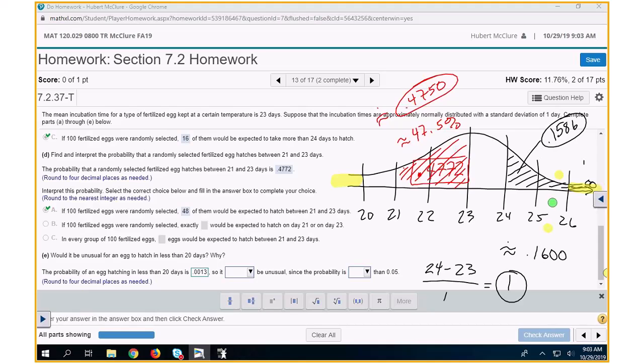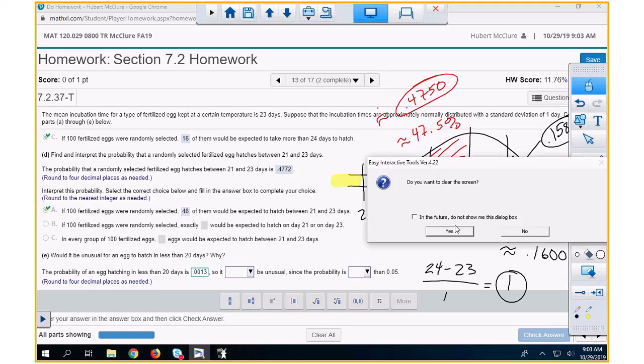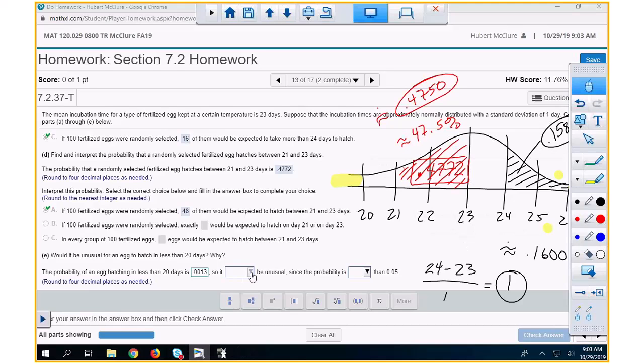So you know that the question right here, now are they going to word it to confuse you? Yes. They're going to word it to confuse you. So what does not unusual mean? Usual. Normal. Exactly. You got to watch those. I don't know why they do it. It makes themselves feel big. So let's see what our choices are. It's going to be would or would not. So it would be unusual.